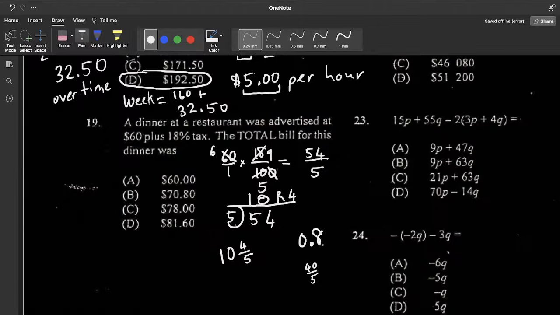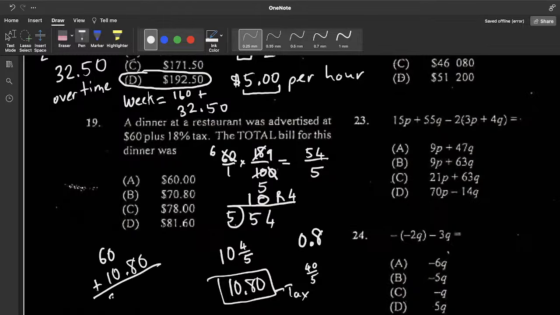Okay, so 0.8 is 4 over 5. So then now we could say 10.80 is our tax. Now we take this 10.80, add it to the 60. So 60 plus 10.80 would give us 70.80. And that's our answer here.